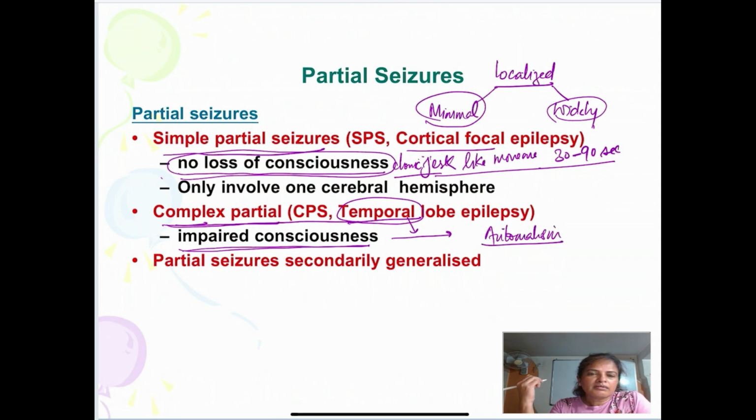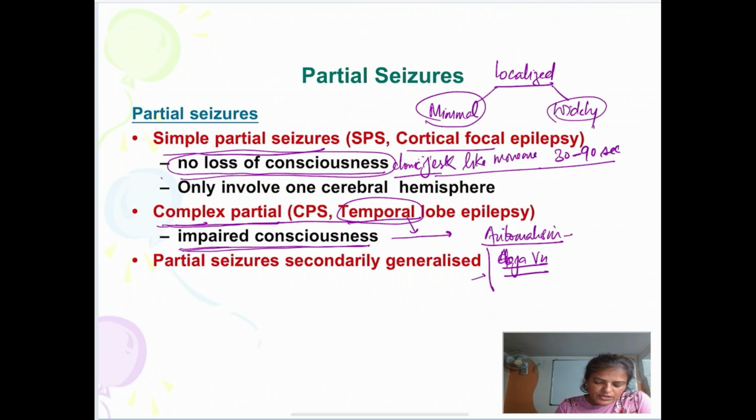The patient may be swallowing or have lip movements. Another feature in complex partial seizure is the deja vu phenomenon, where the person feels that whatever he is seeing or hearing, he has experienced all that earlier also, but consciousness will be impaired in this.